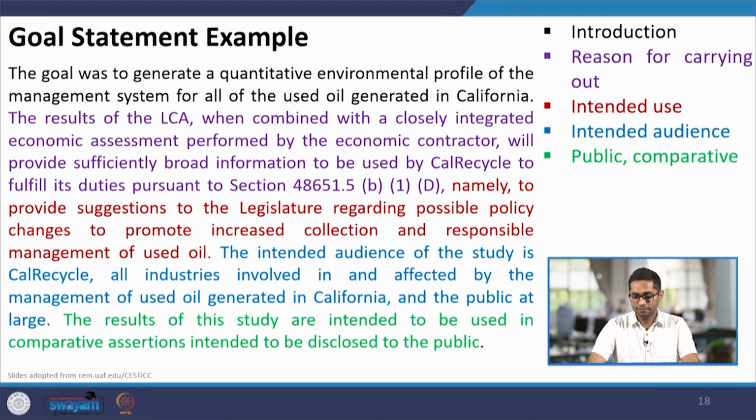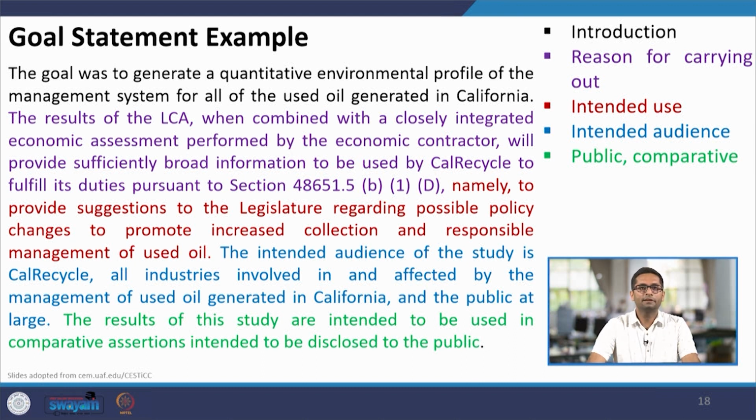Then why is it doing this LCA? The results of the LCA, when combined with a closely integrated economic assessment performed by the economic contractor, will provide sufficiently broad information to be used by Cal Recycle, that's the name of the organization, to fulfill its duties pursuant to section so and so.